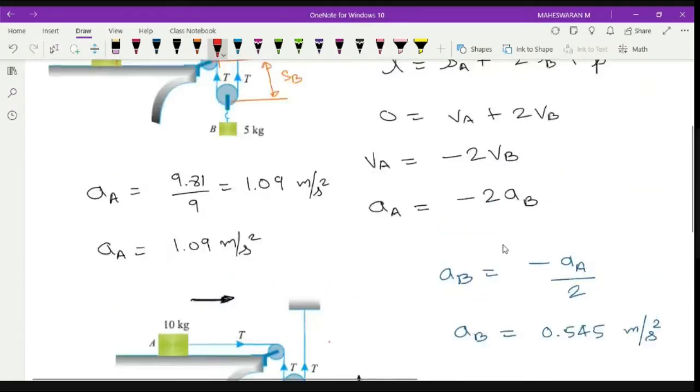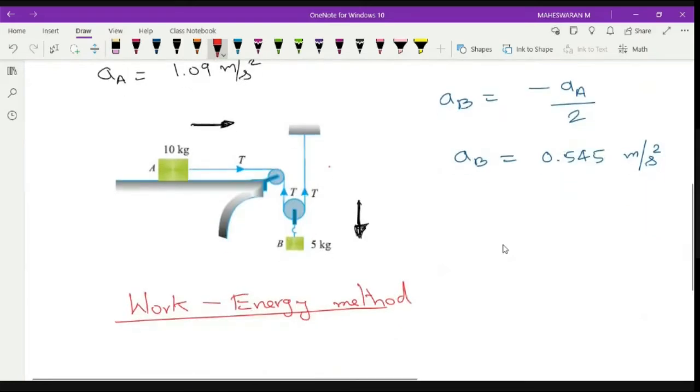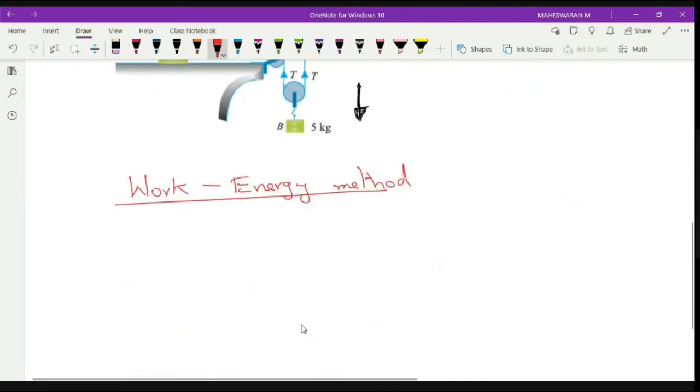When I go for the work energy method, you have to identify the free body diagram for A and B. Let me consider A first.